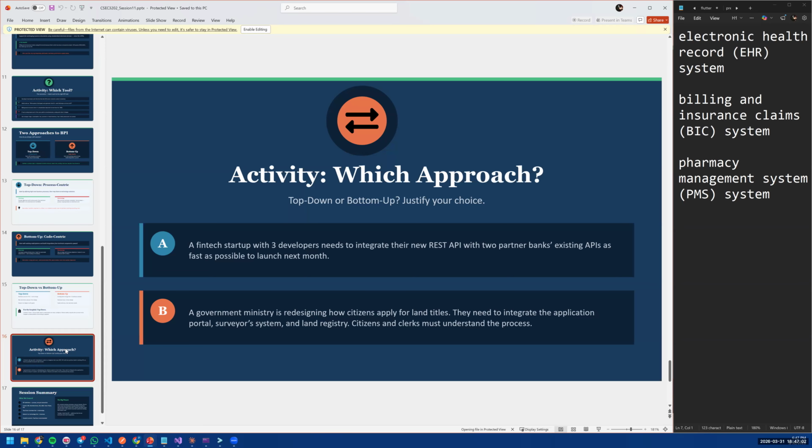The question I want you to answer is, yes, they need to understand and they need to get that information from the team, but how could it be a thing where when the process launches, all parties involved know how to use the application? Think about it in terms of feedback from the stakeholders. Since it's a case where the citizens and the clerks need to be able to understand the process.